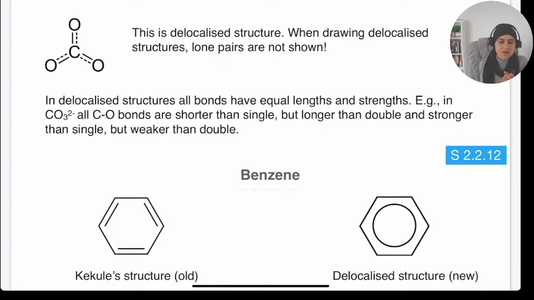Remember we said that single bonds are the longest, double bonds are shorter. These ones would have the same length, and the length would be in between single and double, so longer than double but shorter than single. That's the sign of delocalization. That's actually the proof that the substance has a delocalized structure.